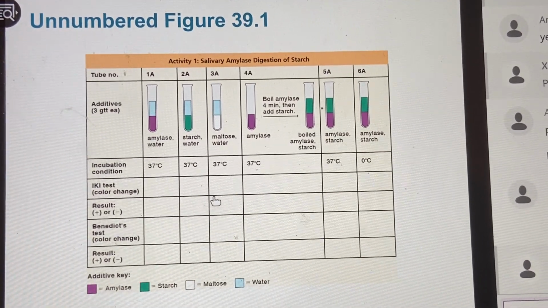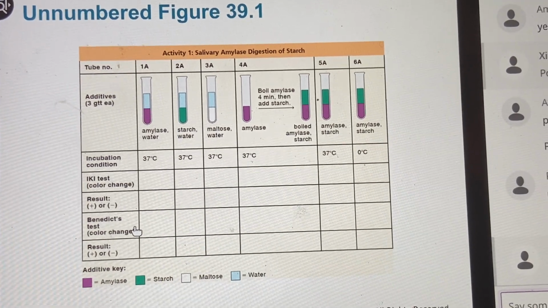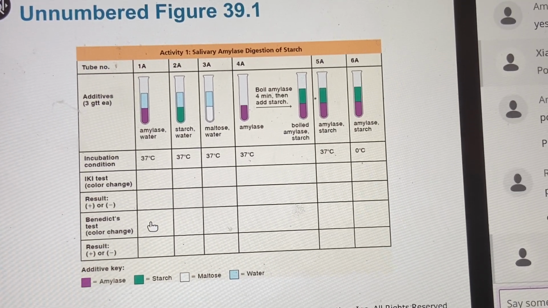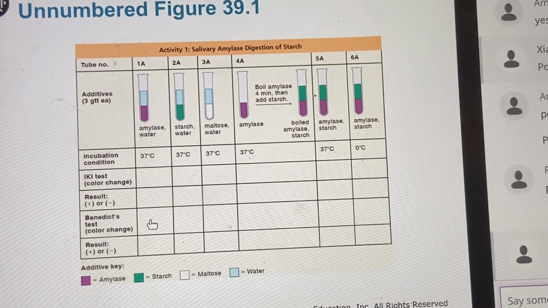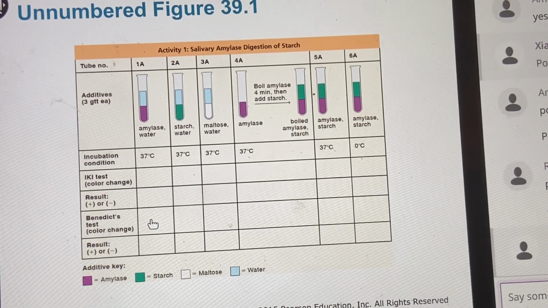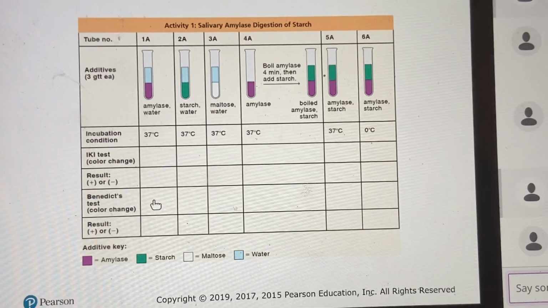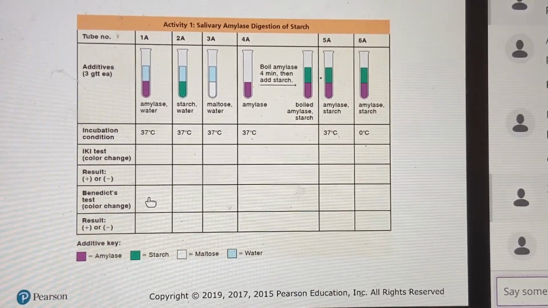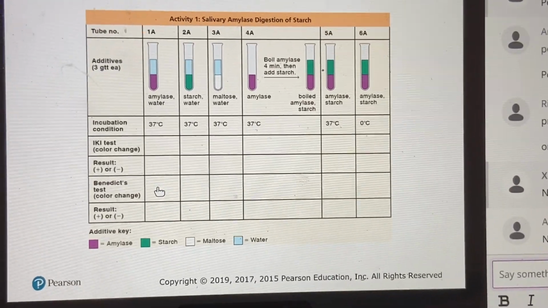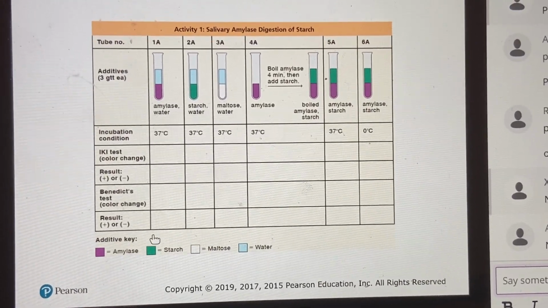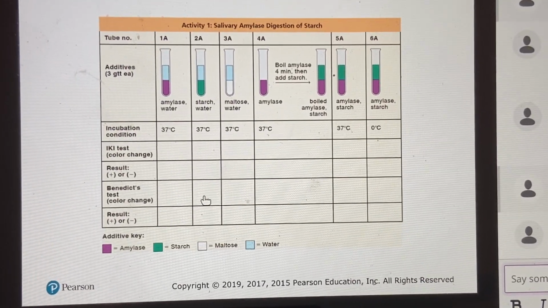Just giving you a big table, but basically they're the same. Okay, so amylase and water, Benedict's test should be no change because there's nothing there, okay? It's just the enzyme and water. No change, so the result here is negative.